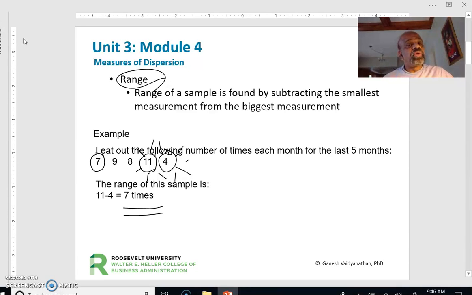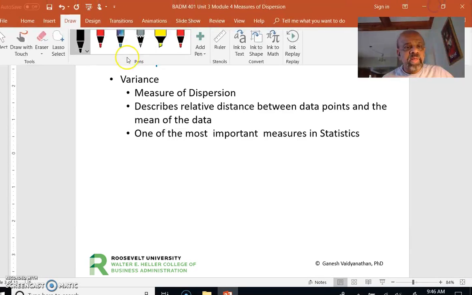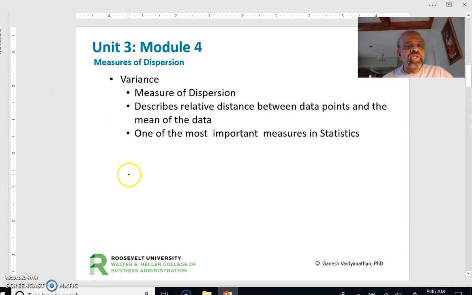Now let's go to the most important one in the measures of dispersion. Variance is actually the most important measure in statistics.